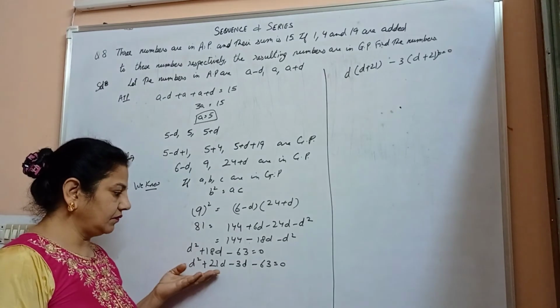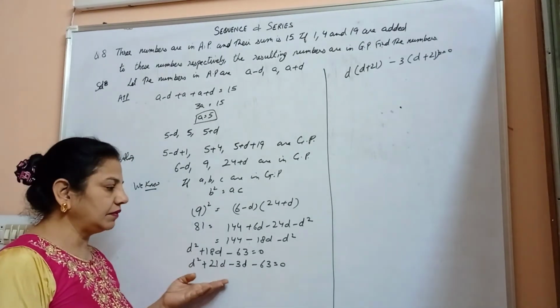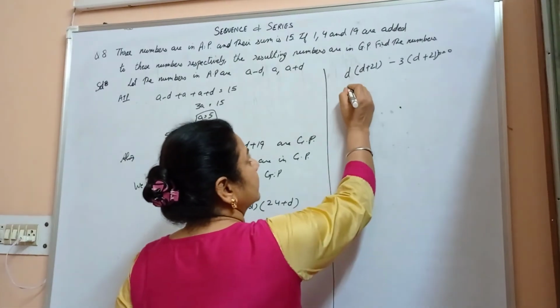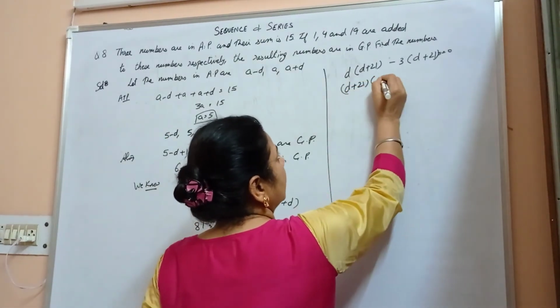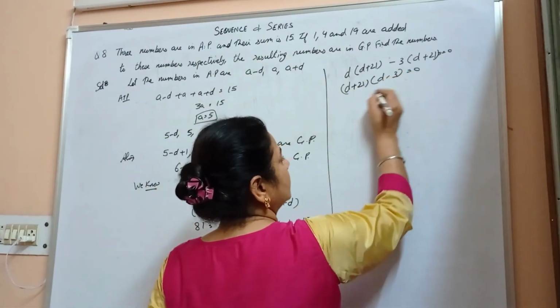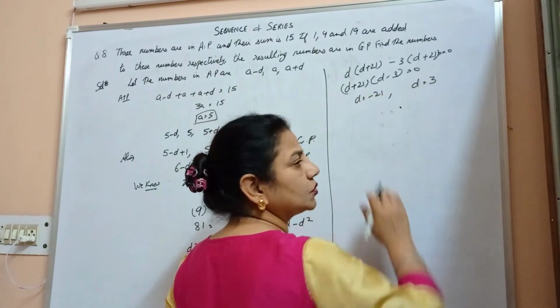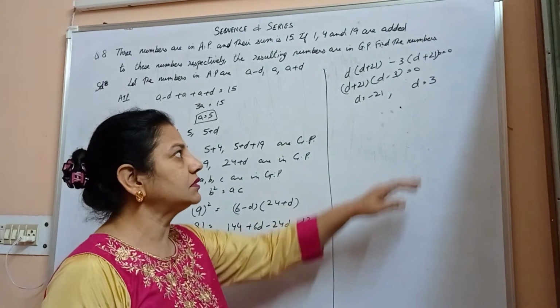Making the factors in the first two terms, I get D plus 21. From here I take minus 3 common, I get D plus 21. So we have the factors as D plus 21 and D minus 3 equal to 0. So D is equal to minus 21 and D is equal to 3. Common difference is minus 21 and common difference is 3.